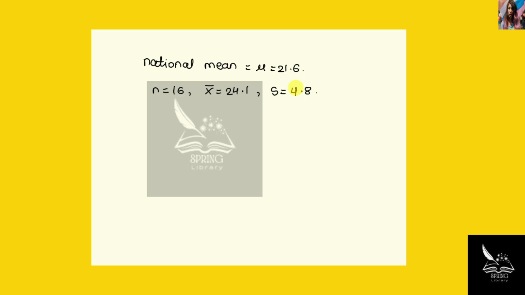And now by using this we have to develop a hypothesis test that can be used to determine whether the mean annual consumption in Webster city is higher than the national mean.